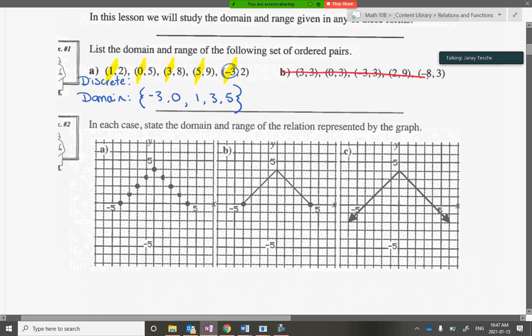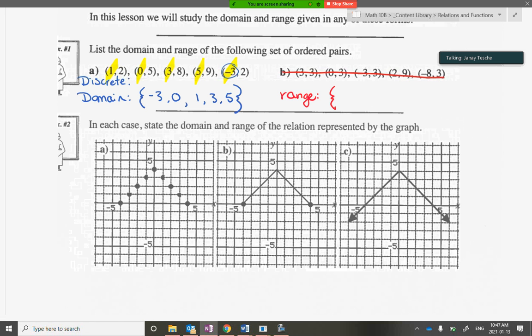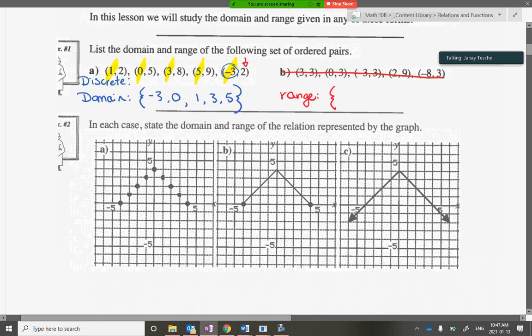Versus on that one, our range is just your y values. Again, smallest to largest. We have two 2s, notice there's a 2 here and a 2 here. You only write them once, so I can just say it has a 2, a 5, an 8, and a 9.